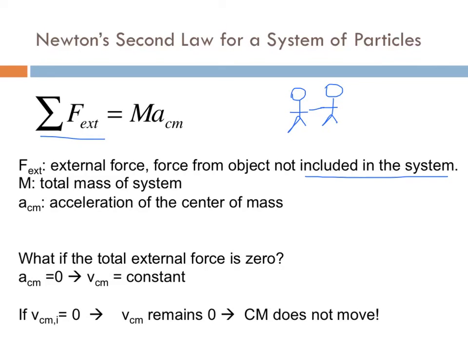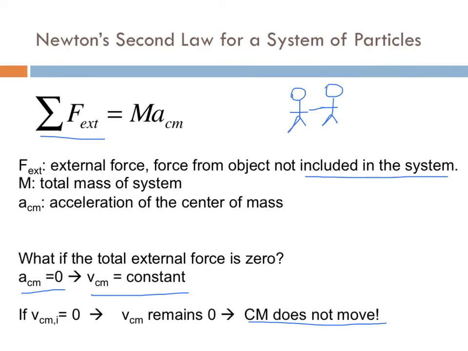So what if the total external force is zero, meaning that there are only internal forces acting? Well, then the acceleration of the center of mass is zero, meaning that the velocity of the center of mass would be constant. If the center of mass is at rest at the beginning, then it remains at rest, which means that the center of mass does not move.